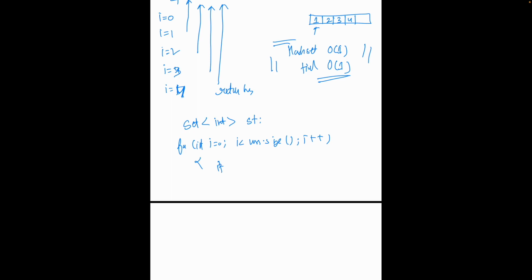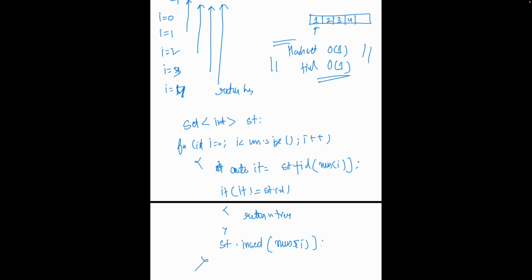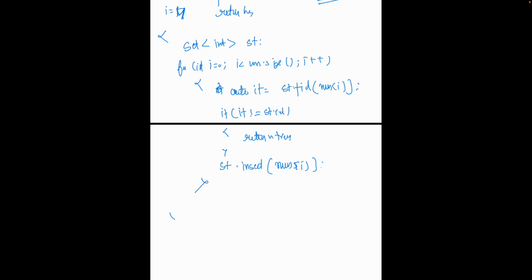Let's say auto it is equals to st dot find, and then you can say nums i. If it not equals to st dot end, that means we found the number, so we'll return true. Else st dot insert nums i.